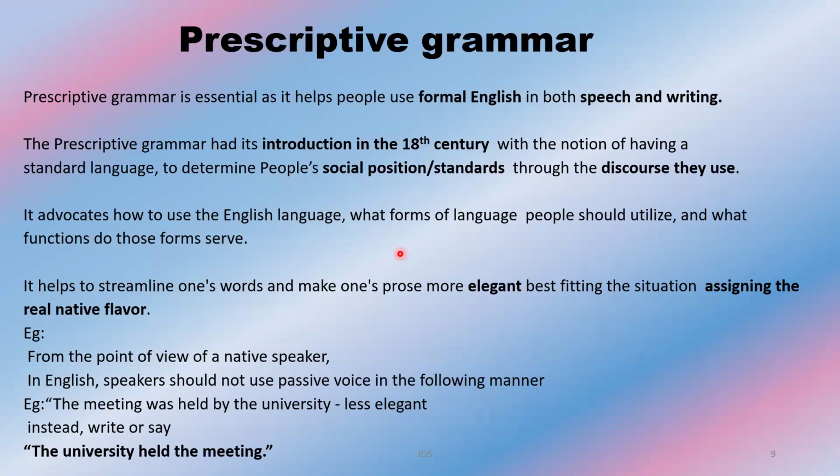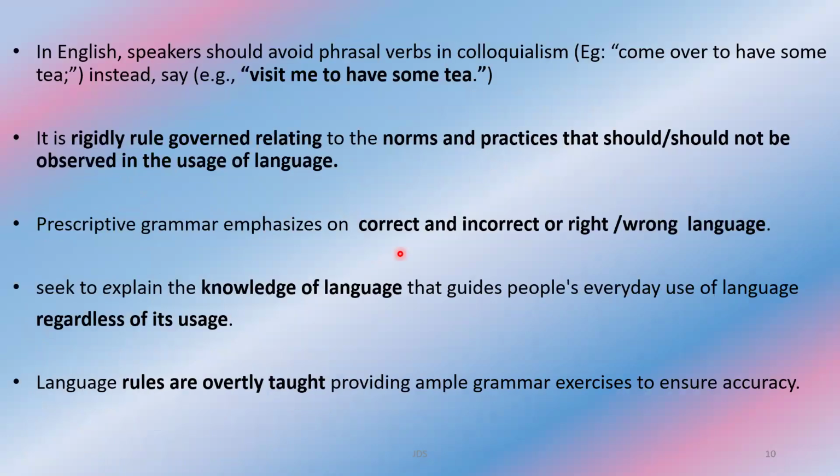Right, so this is about prescriptive grammar, where a person is required to learn the language to the level of a native speaker, with the ability to use the language just like a native speaker. Under this approach, no opportunity is given for using the language in a wrong manner. It has to be correctly and accurately used.